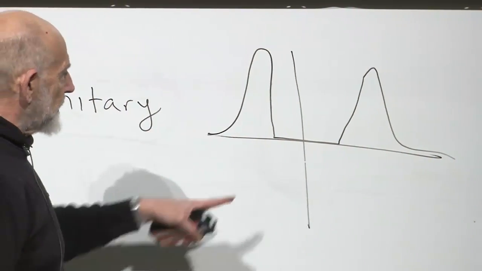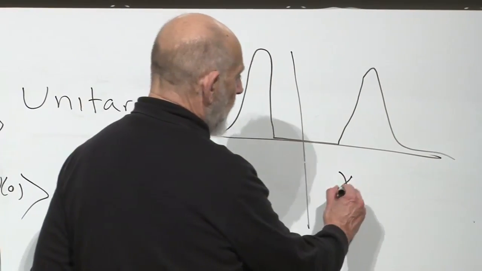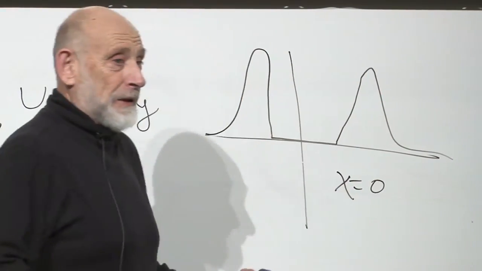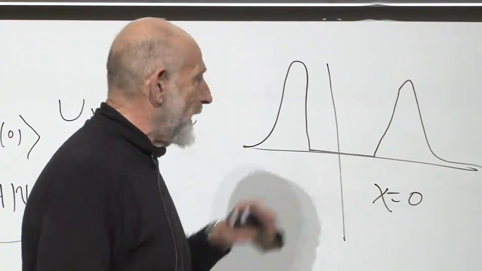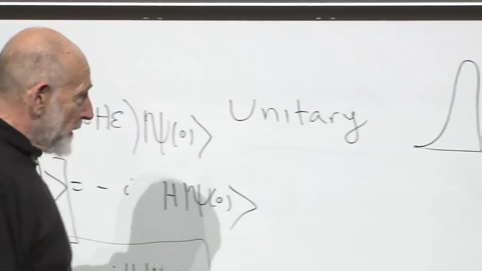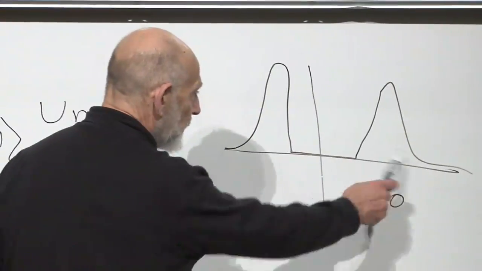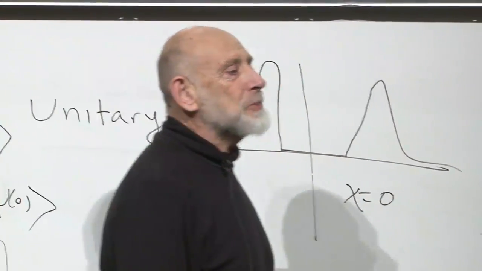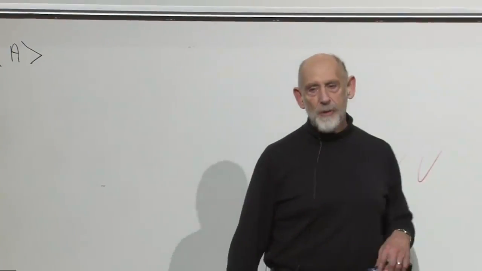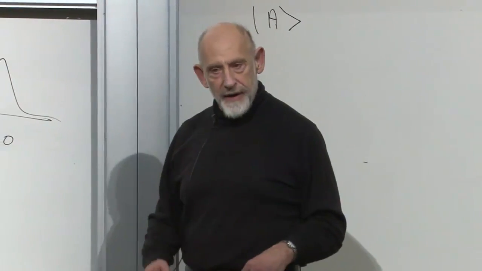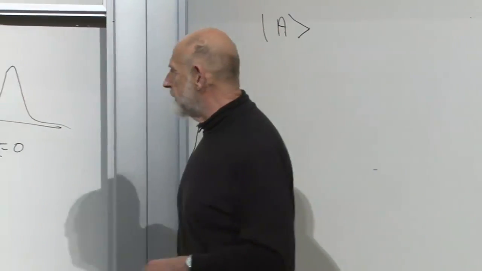There's no sense in which x equals 0 is expected. You can do the experiment forever and ever, and you will never get x equals 0. You'll either get an x somewhere in here or here. So to call it the expected or the expectation value is sort of a misnomer. It is the average value, defining averages in a very particular way.